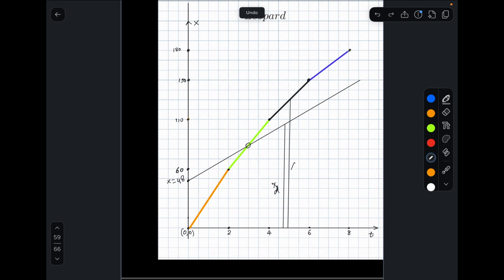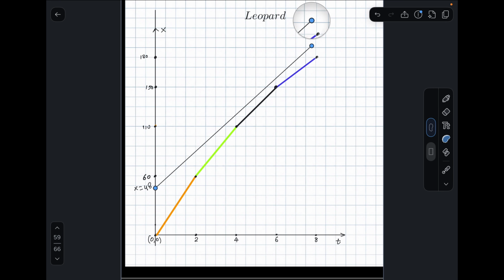So therefore, the slope of the graph of the deer should be such that it just merely touches the graph of the leopard.